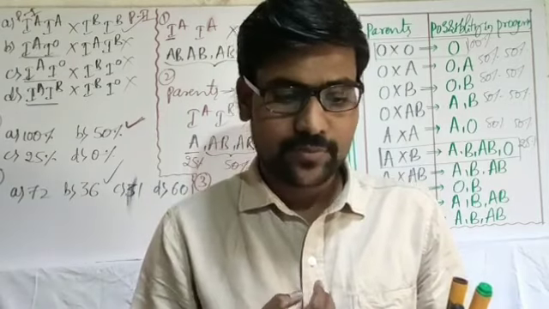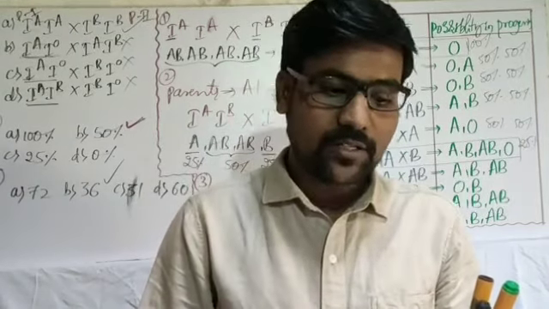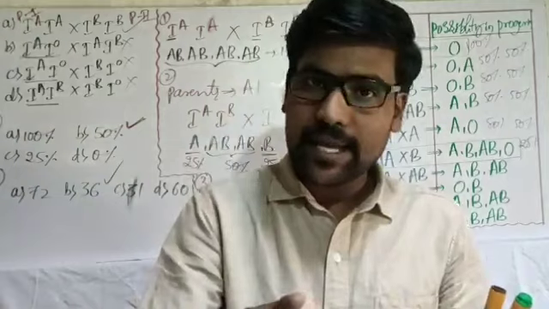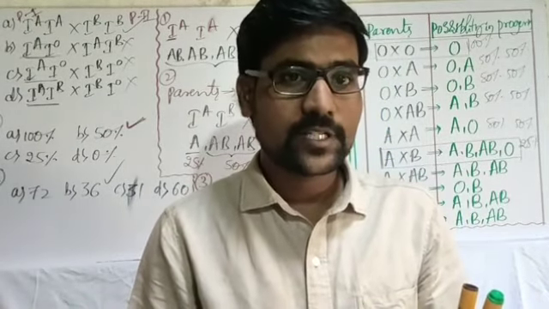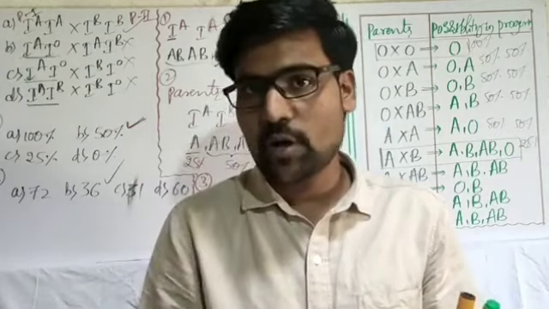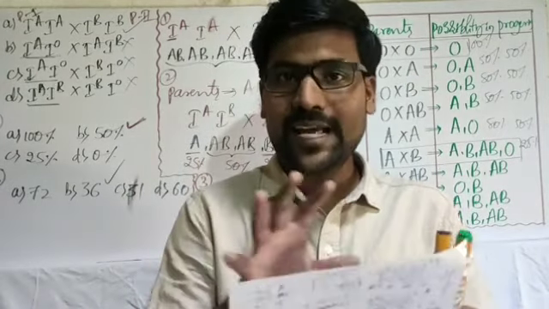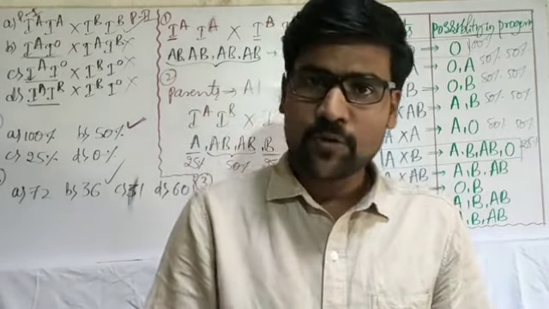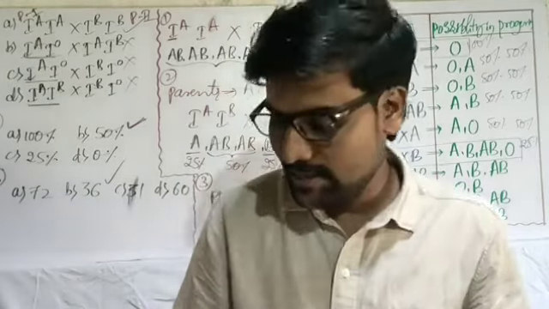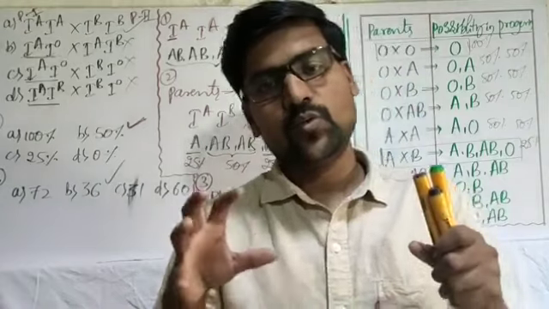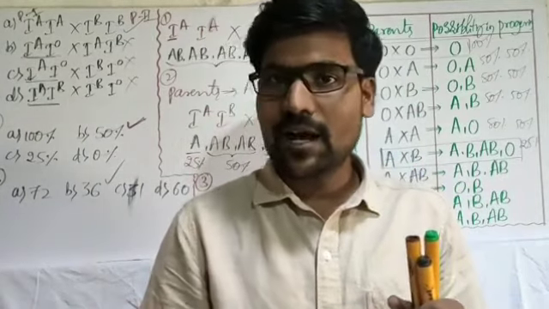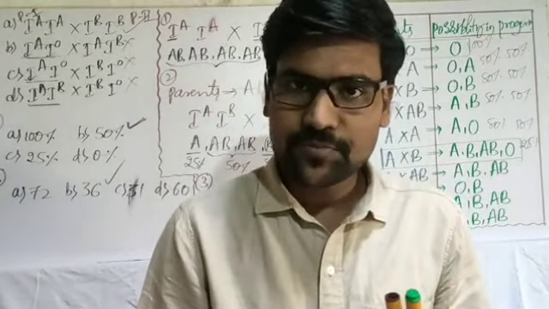And the fourth one: father IA IA, mother IB IO. So this is the question and these are the 4 options. You try this one, and after solving it, comment your answer in the comment section.